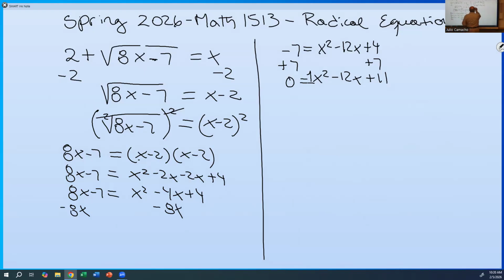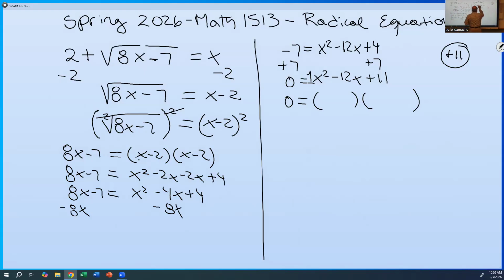So you have 0 is equal to parentheses, parentheses. You multiply positive 11 times 1, which is positive 11. I need two numbers that when I multiply them together give me positive 11, but when I add the same numbers give me negative 12. 11 and 1, exactly.